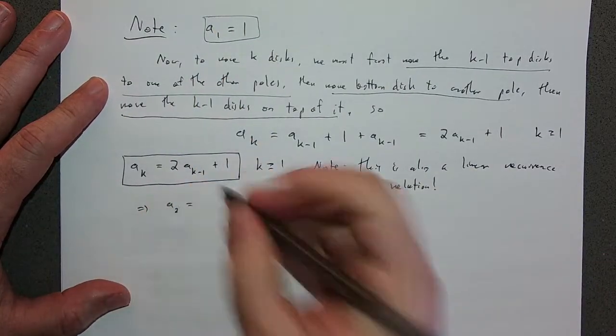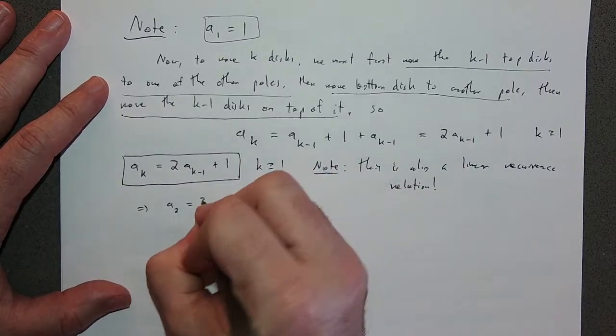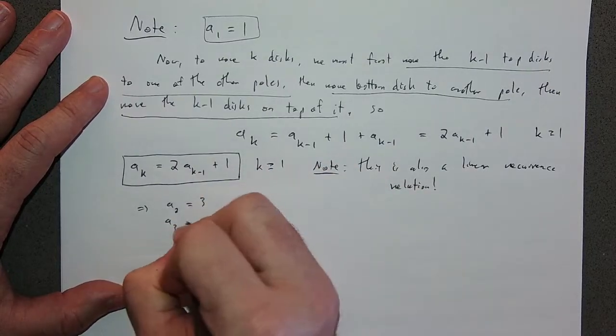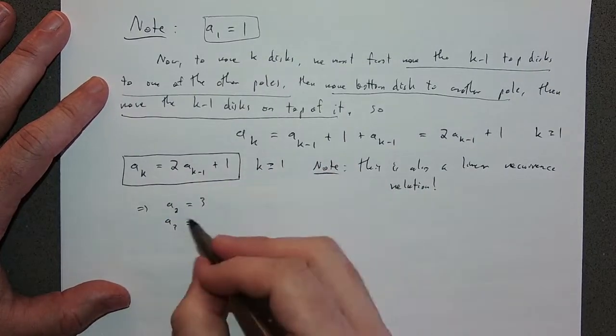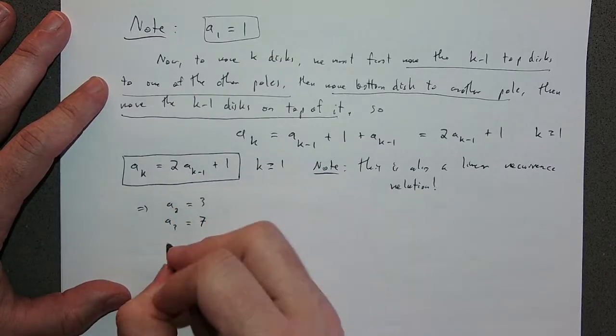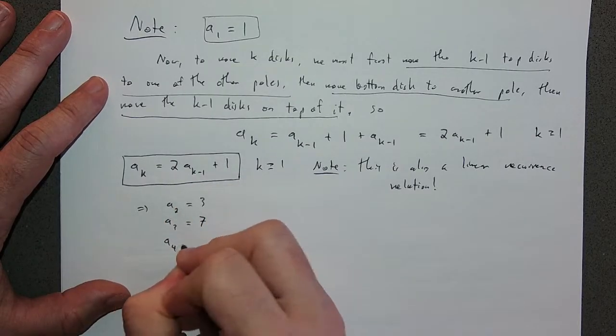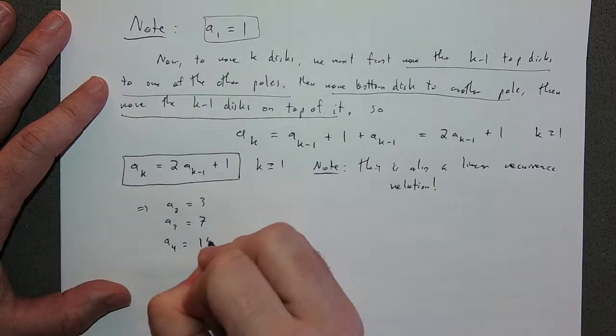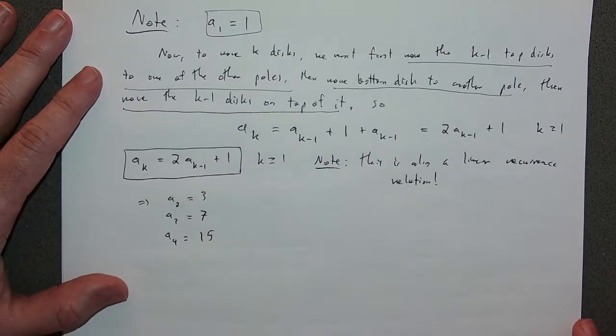So a sub 2 in this way is 3. A sub 3 is 7, because this would be 2 times 3 plus 1, so 7. A sub 4 is 15. You see the pattern yet?